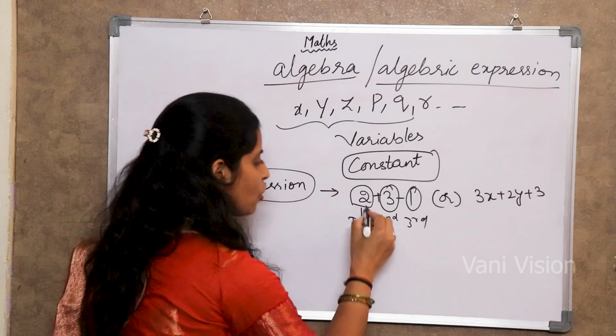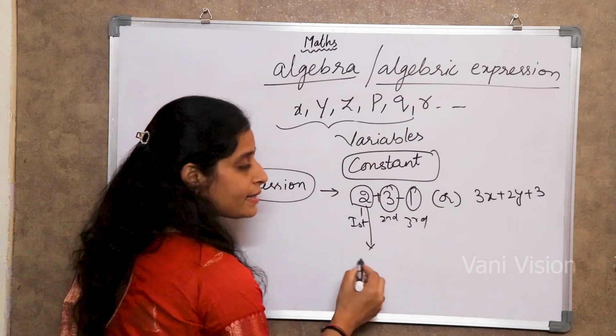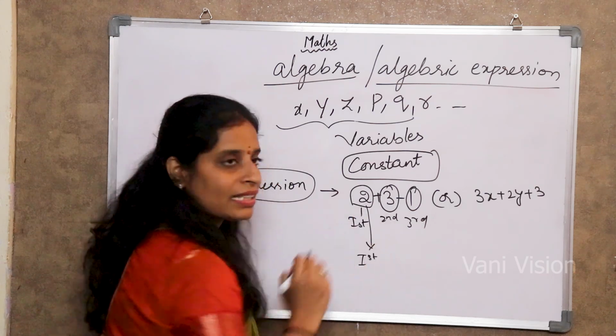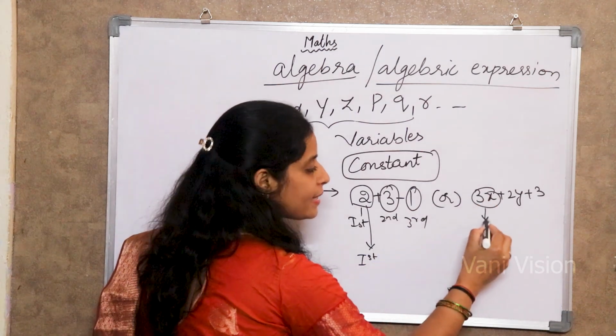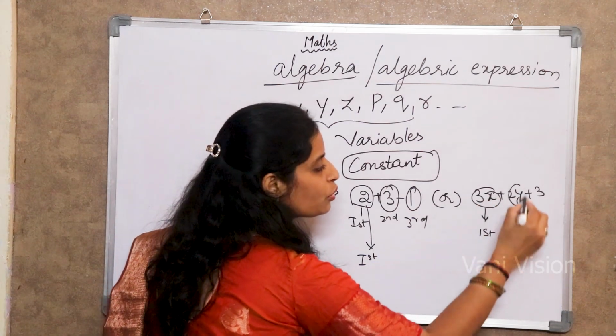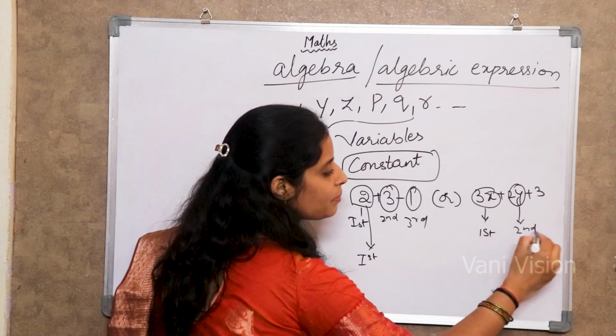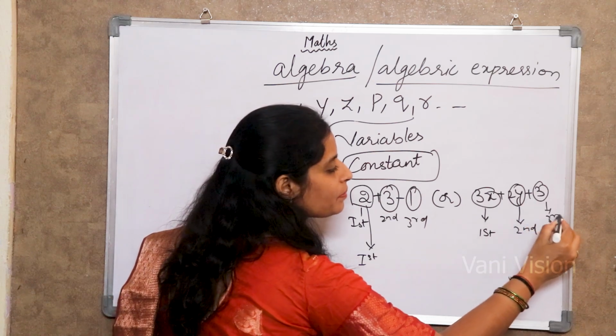In the first, 2 is my first term. In the second expression, 3x is my first term, 2y is my second term, 3 is my third term.